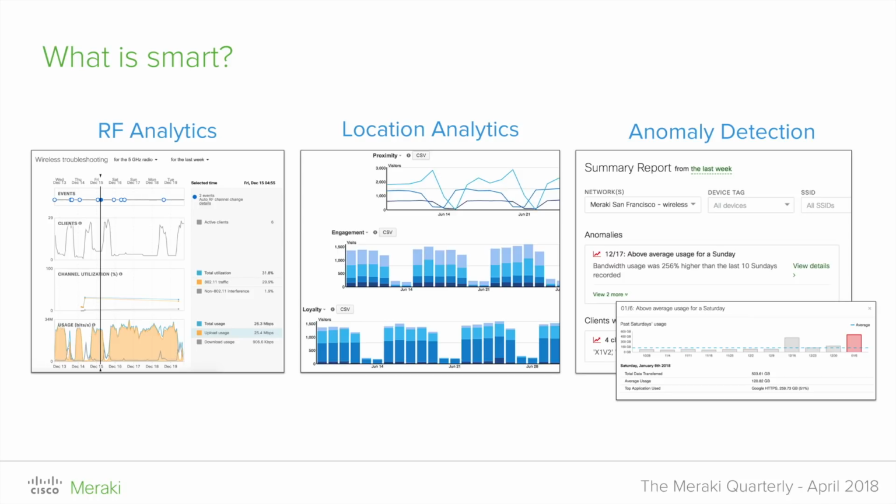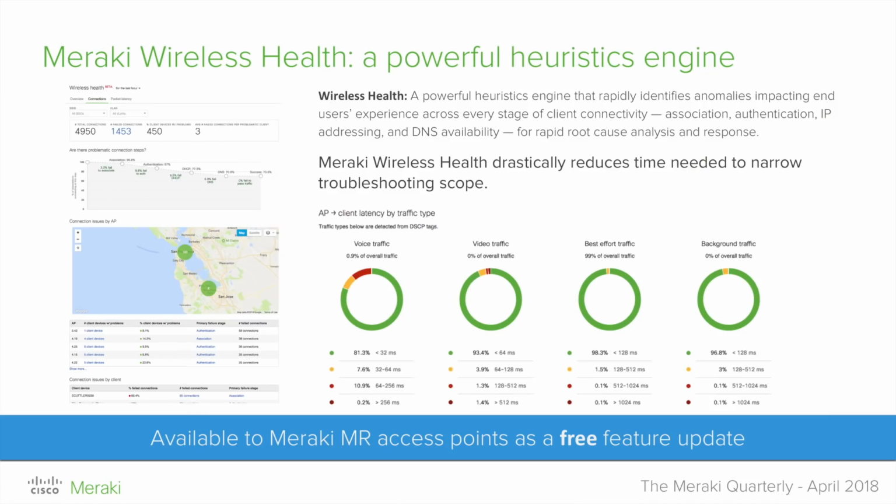What's the next step? One of the things that we were excited to introduce in our January 29th launch was Meraki Wireless Health. Now, this is a powerful heuristics engine. It's designed to help IT admins troubleshoot more efficiently and faster, and to be able to take proactive action based on the analysis and trends that they're seeing.